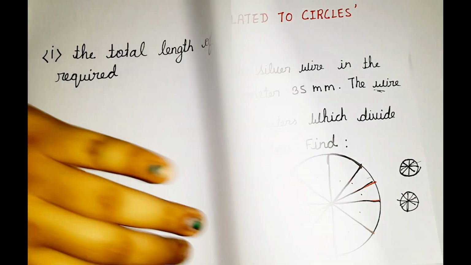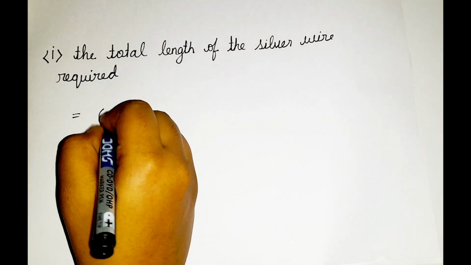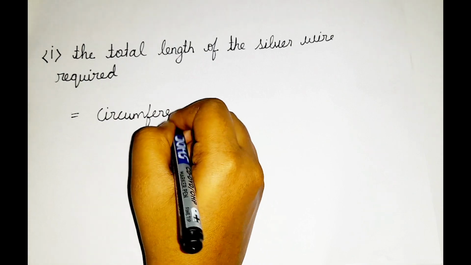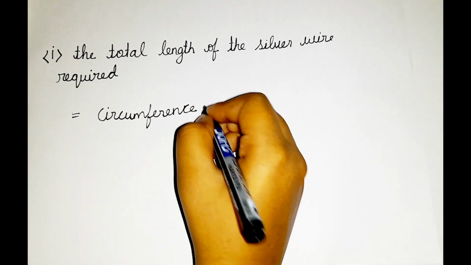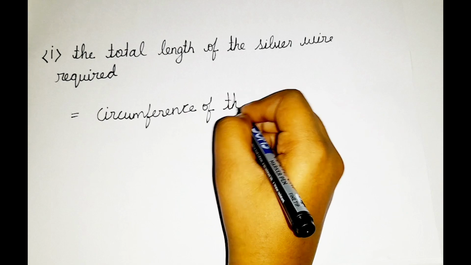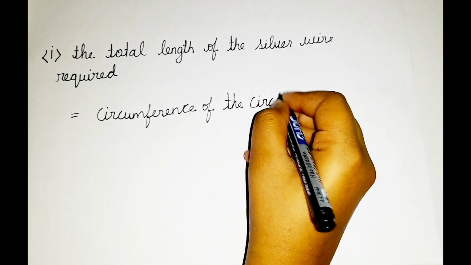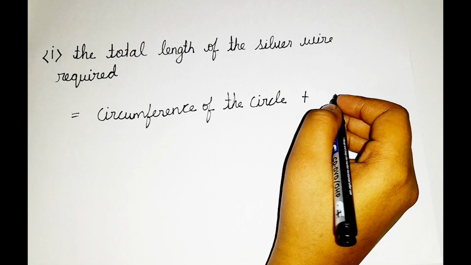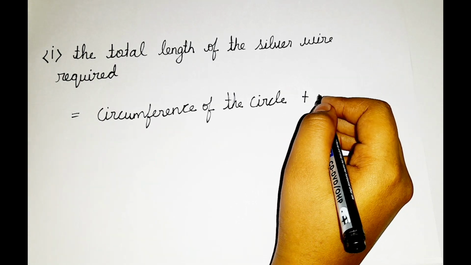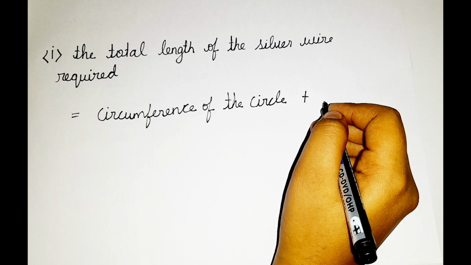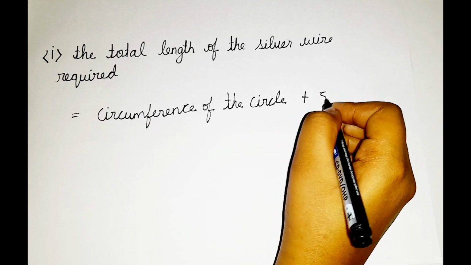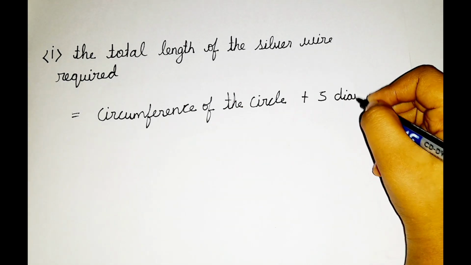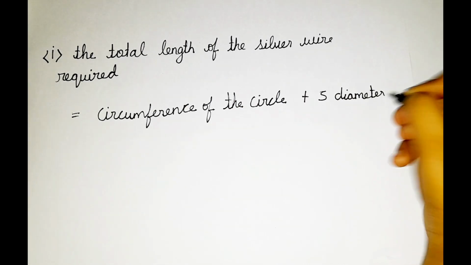That's why I am going to write the circumference of the circle. Why circumference of the circle? Because the silver wire is used for making the circumference of the circle, the outer part, the boundary. Plus 5 diameters, because it is also used for making the 5 diameters.